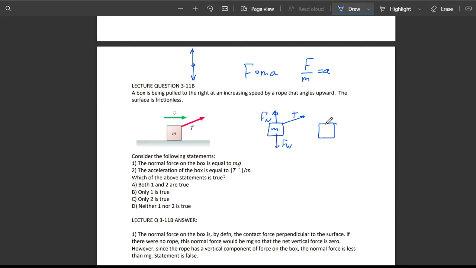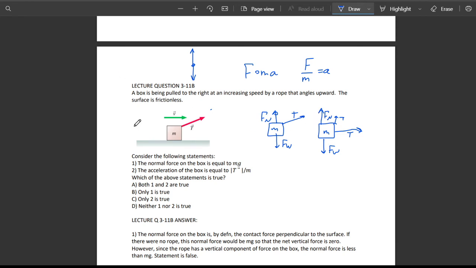So let's redraw this. We see F sub N, and we have this smaller force, T. We have a horizontal component of T, and we have F sub W. And we know, based on how the diagram looks, that the box isn't being lifted off the ground when it is being pulled at this angle, which must mean that the vertical components of the system cancel out.